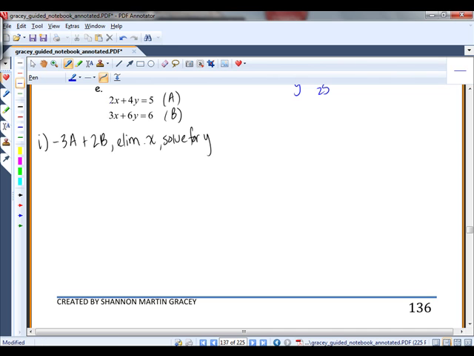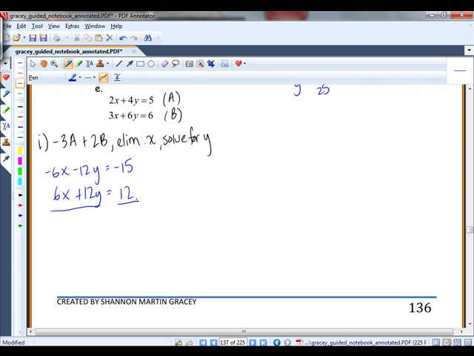So -3 times equation A gives me -6x minus 12y equals -15. Each term got multiplied by -3. And then 2 times B, I'm doubling B, so I get 6x plus 12y is equal to 12.